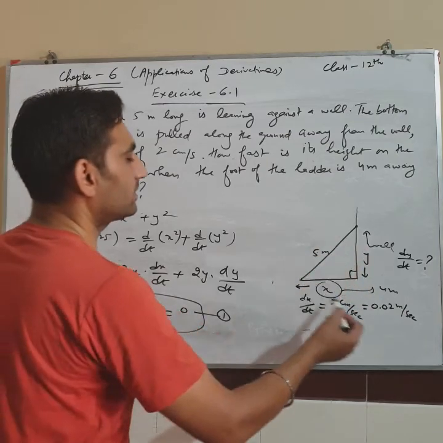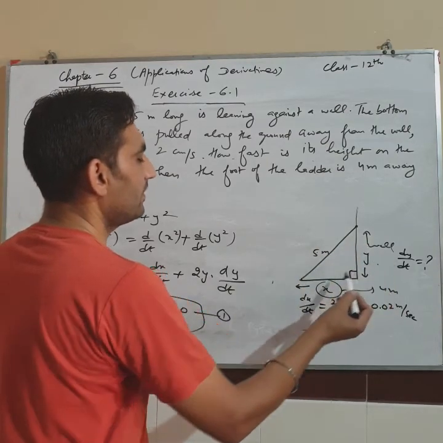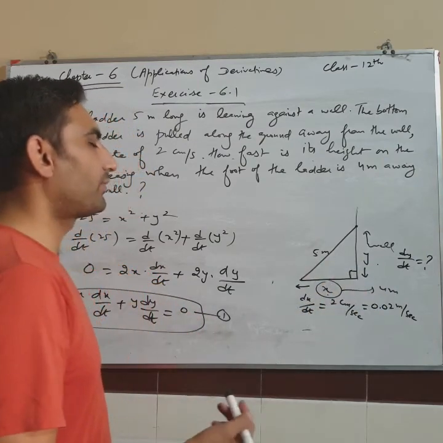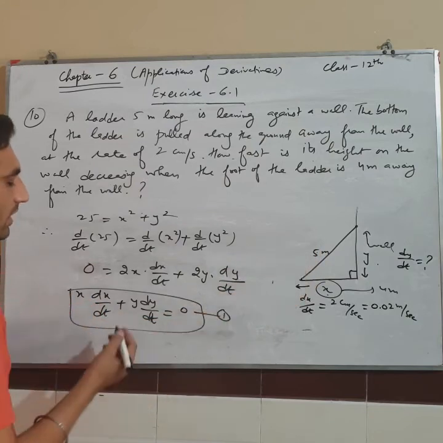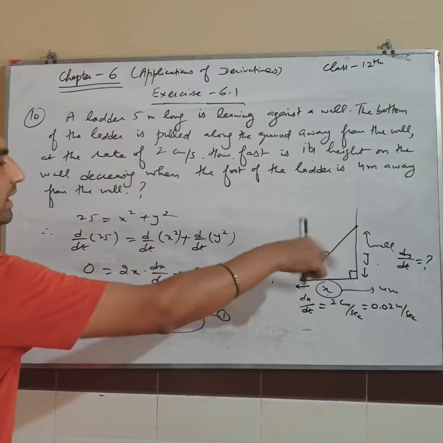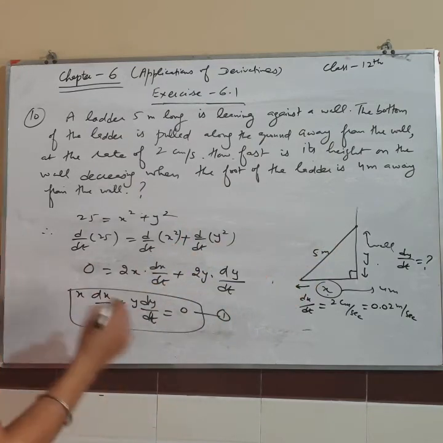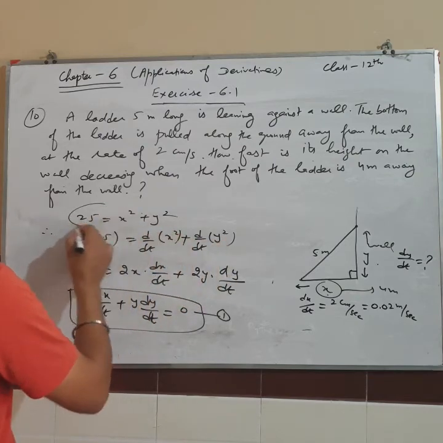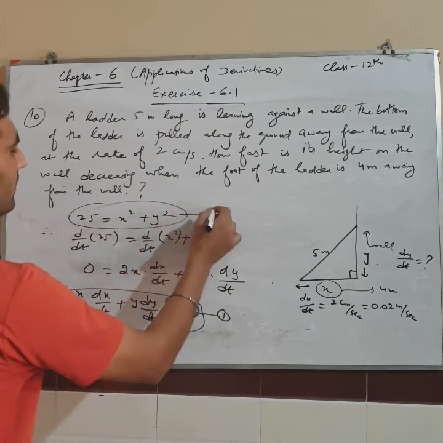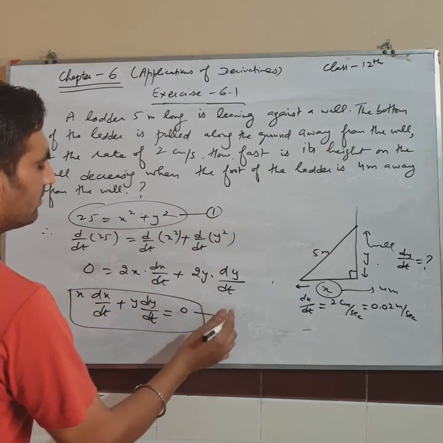Now there are 3 values given here, x, y and 5. Very first thing, I will use the Pythagoras theorem there. Here you can give it number 1, and here equation number 2.